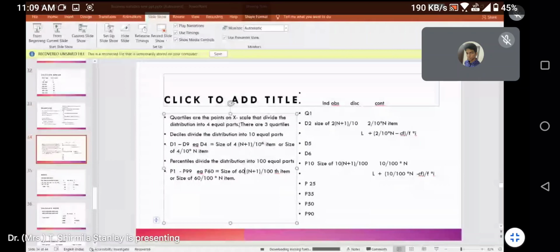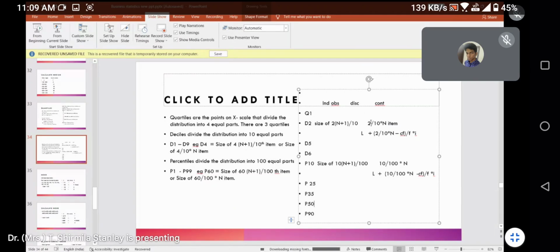That understanding also you should have. Your quartile 2 will be decile 5, which will be equal to your percentile 50. Clear? Then I have mentioned individual observation, so it will be P into n plus 1 by 100.